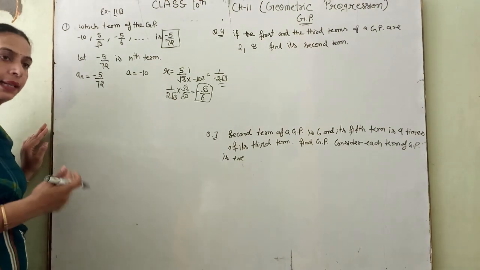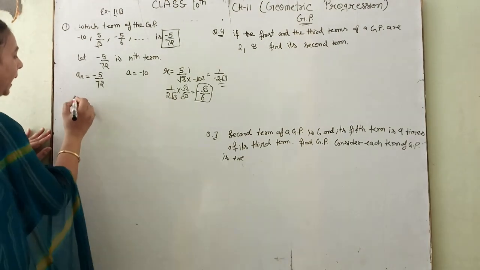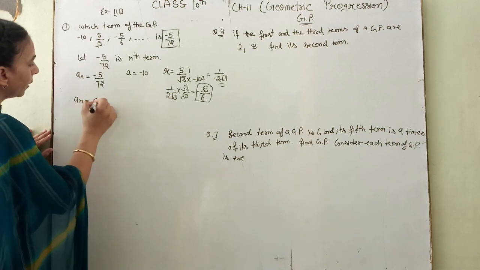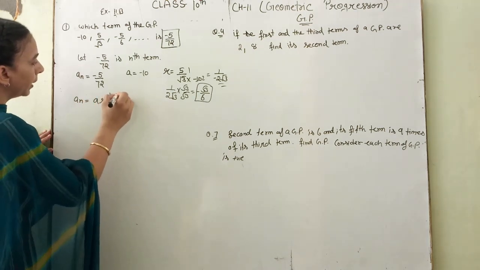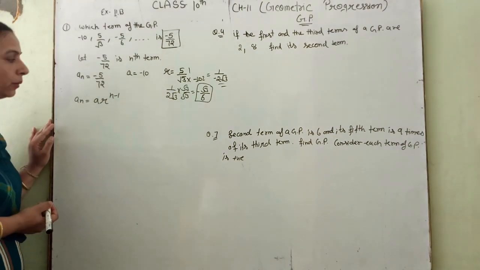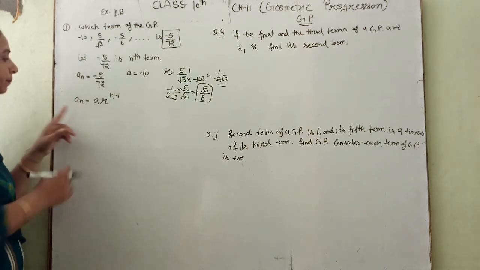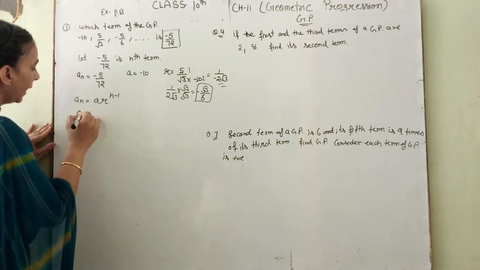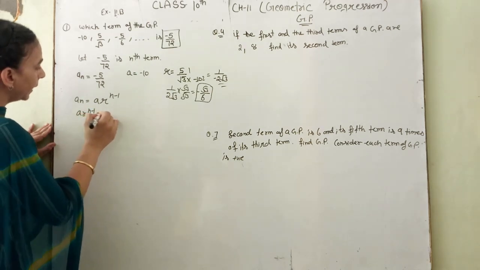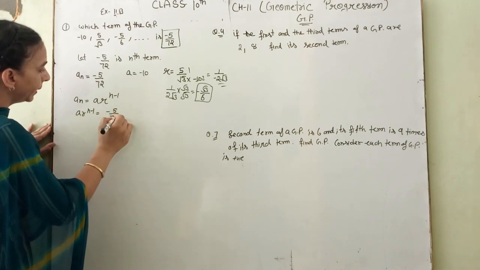And what is the nth term of a GP? The nth term of a GP equals a r raised to the power n minus 1. Okay, we find the value of n. a r raised to n minus 1 equals minus 5 by 72.